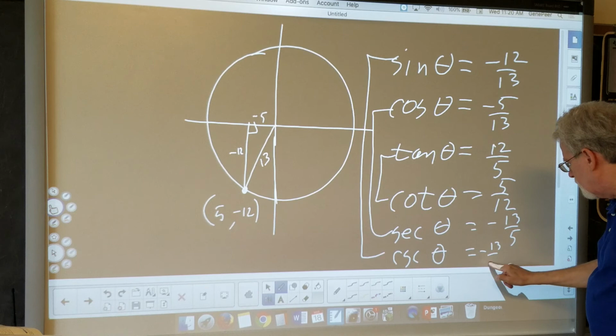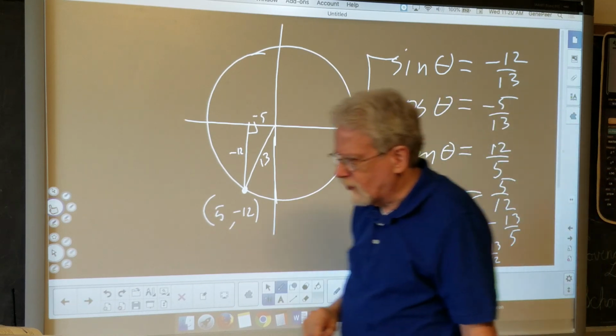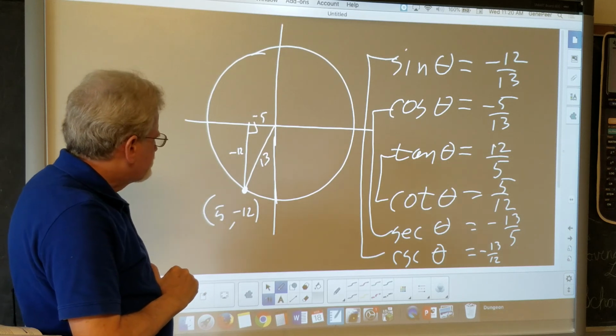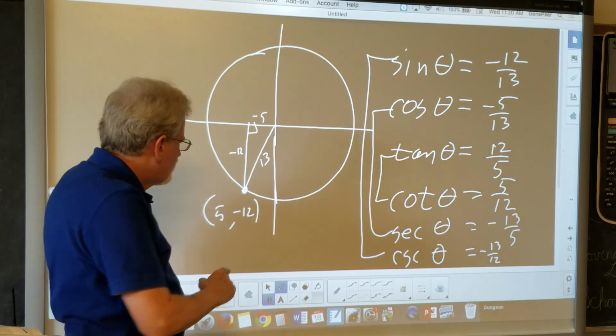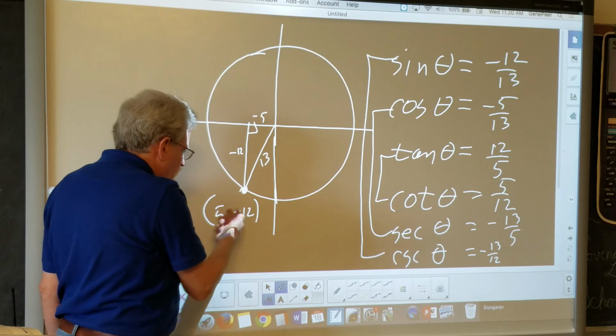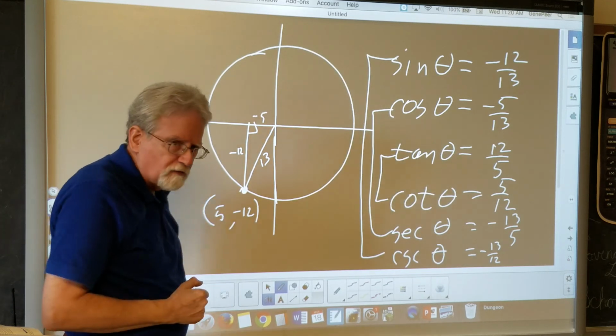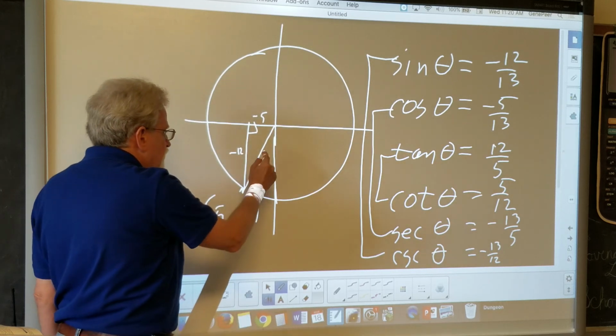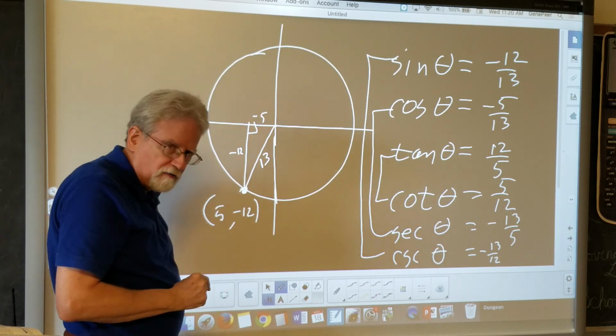I'm trusting that I got all of those correct without any silly blunders. So that's how to handle it when the coordinates of this point do not fit on the unit circle, meaning that you've got to find out what the hypotenuse is.